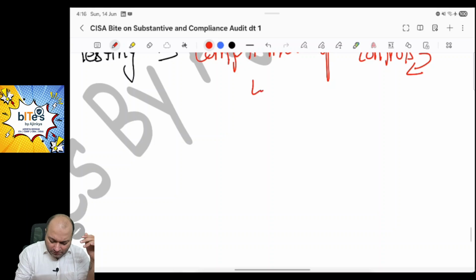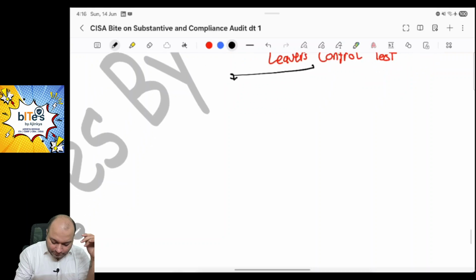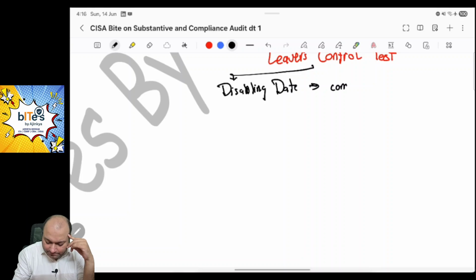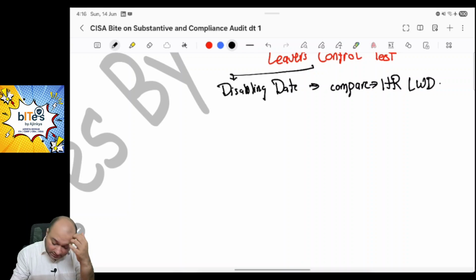So to test the leavers control, the auditor will ask for the disabling date and compare it with the HR last working day.